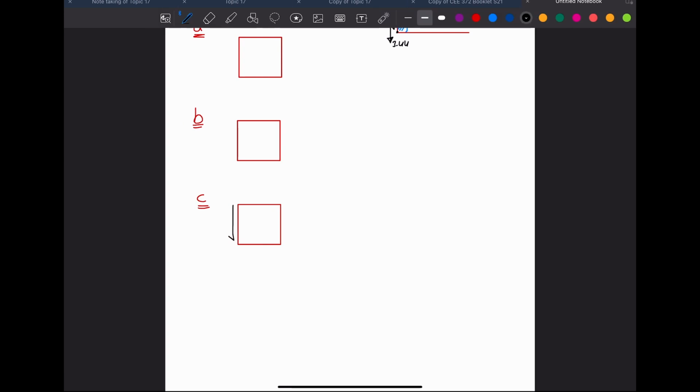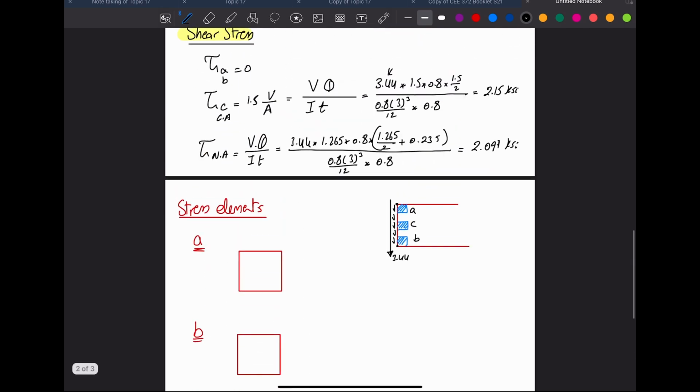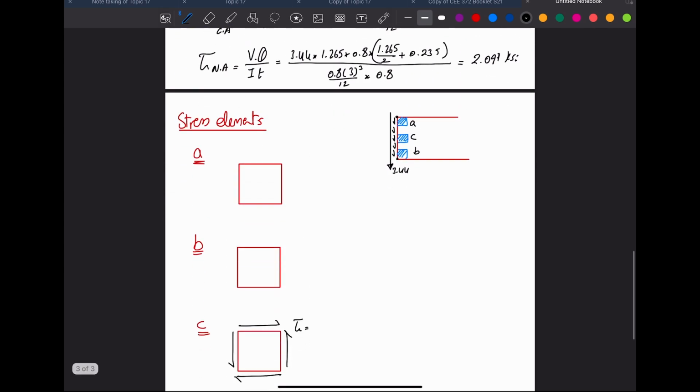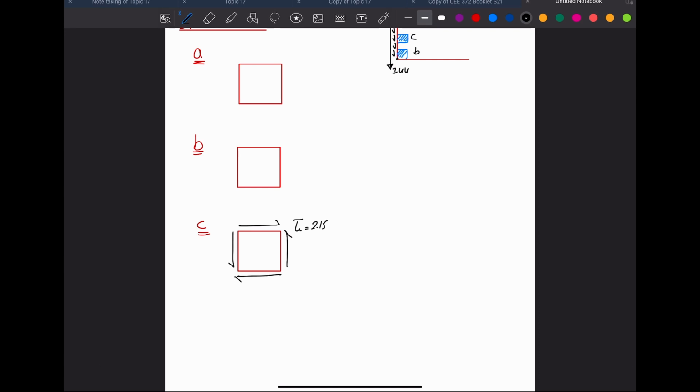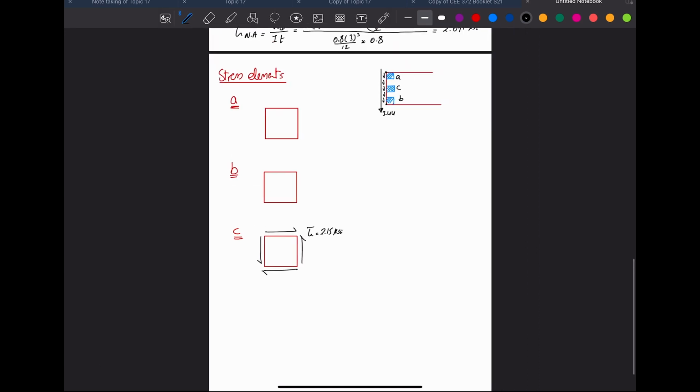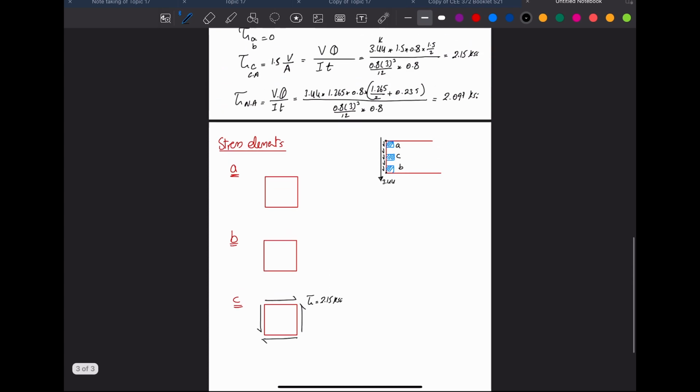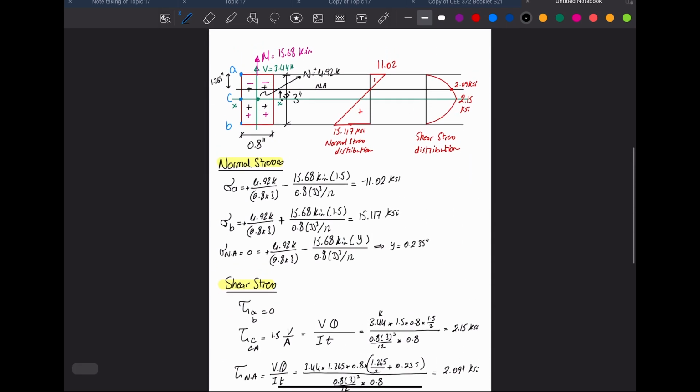If I know one of them, I know the directions of all of them. And tau at C is equal to 2.15 ksi. Okay, let's now do the axial force.